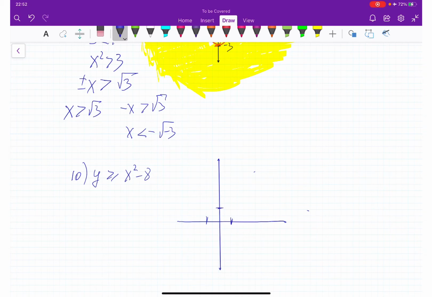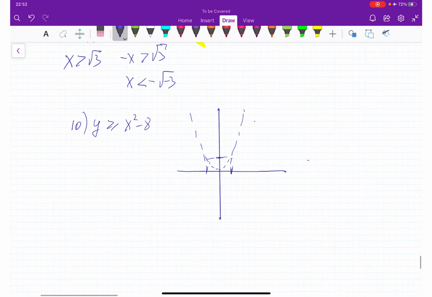And I'm going to use dashes because I'm going to clean it after I build the graph. So shifting down by 8. Let's assume this is my 8, just for the heck of it. So my graph is going to go down by 8.